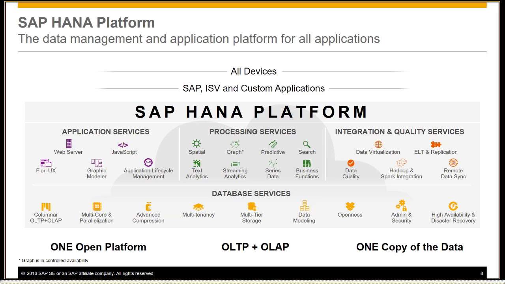It does come with a lot of advanced processing engines like spatial, graph, predictive. These are all built inside SAP HANA, so you are no longer looking at having these engines installed separately to get the benefit of the respective processing capabilities.